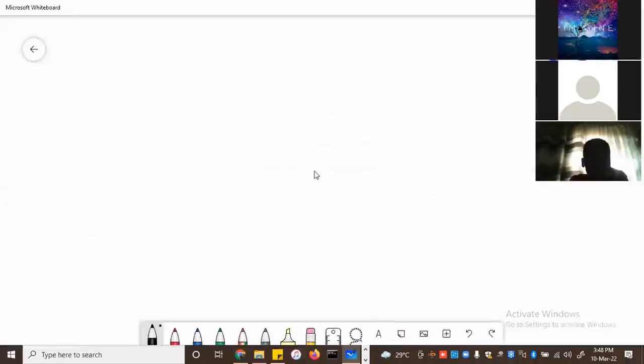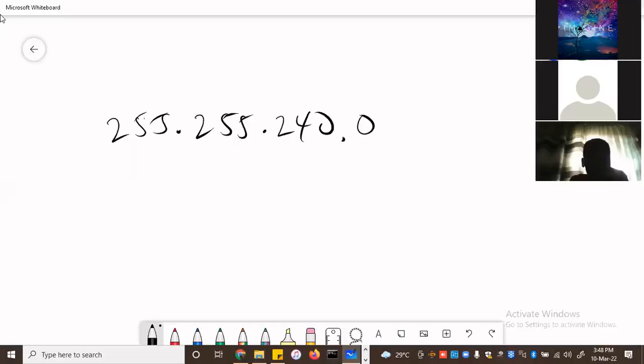So we had 255.255.240.0, and this maxed out part tells you it's uppercase N dot uppercase N, and these were supposed to be lowercase n and lowercase n.